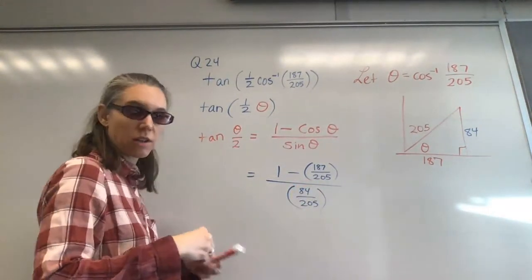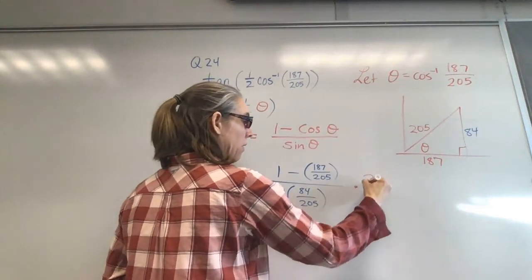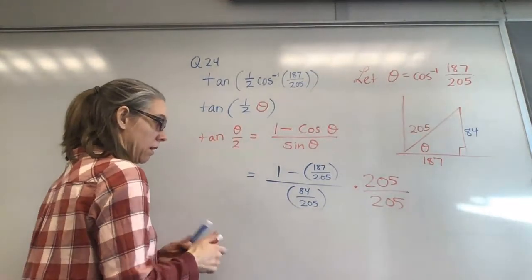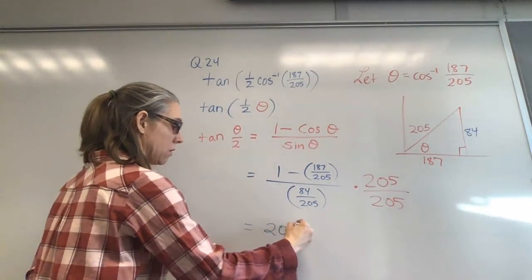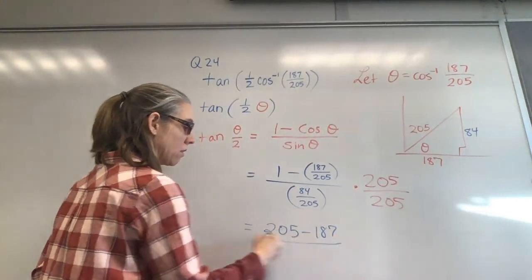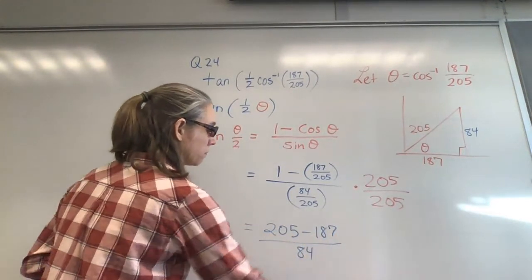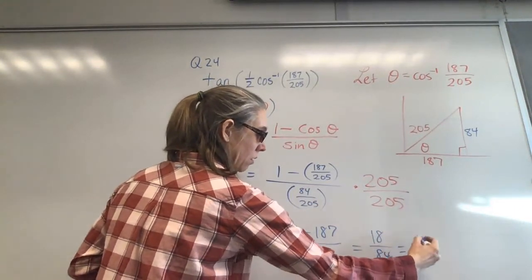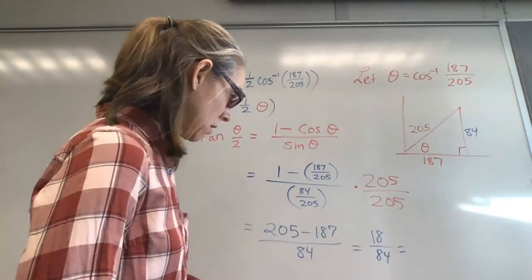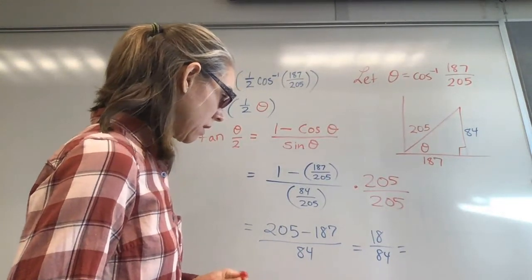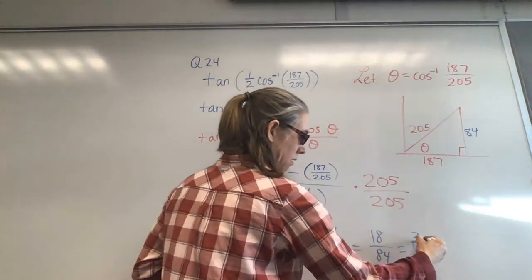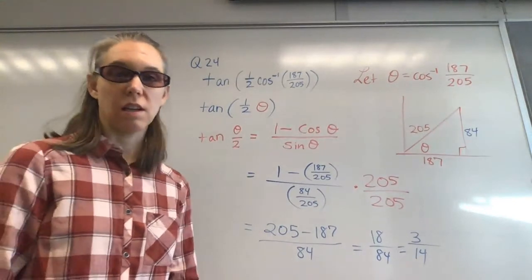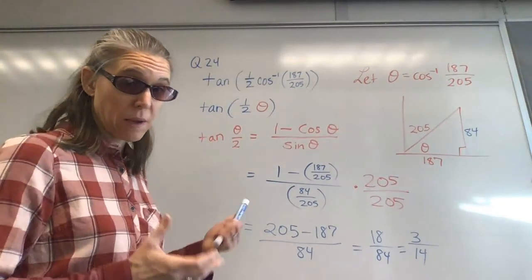This is a complex fraction, so I will multiply by 205 over 205, and that will give me 205 minus 187 over 84, and that's 18 over 84, and 84 is divisible by 6, so 3 over 14. A lot simpler of an answer than I was expecting.